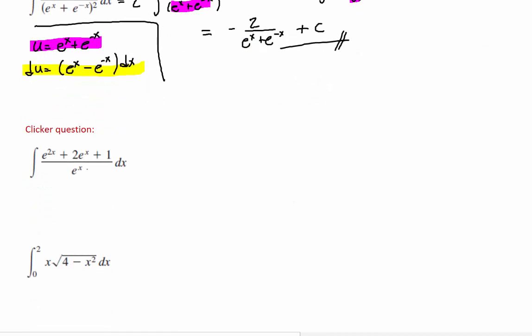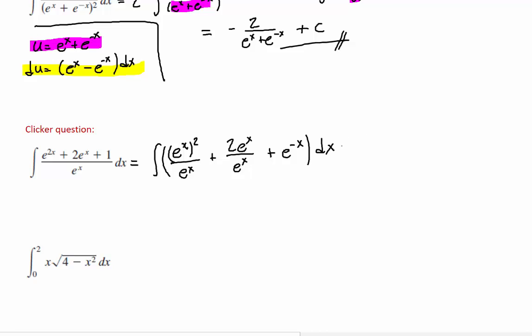Now here, you could do a u substitution of sorts, but this is a trick one, so you can actually see that you don't always have to do u substitution. If you distribute this e to the x term by term, e to the 2x, you could write it as e to the x squared over e to the x, then plus 2e to the x over e to the x, and then plus 1 over e to the x, or you could write it as e to negative x, all that dx.